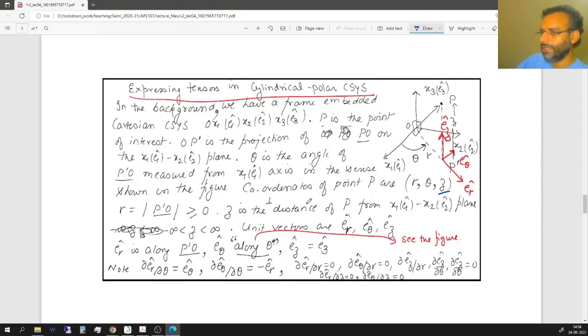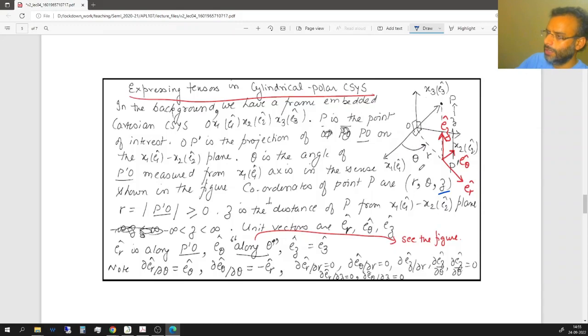The third coordinate, Z, is actually the perpendicular distance of P measured from the x1, E1, x2, E2 plane. In other words, it is the distance P prime P, but there is a sign also associated with Z. If P lies along the plus E3 direction, it will have a positive sign.